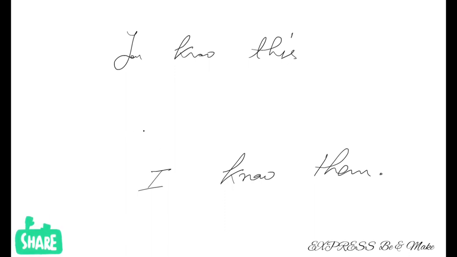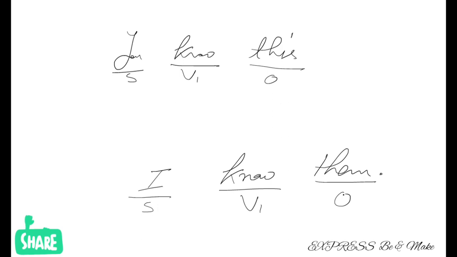Here the two sentences belong to simple present tense. "You" is the subject, "know" is V1 and "this" is the object. Then again, "I" is the subject, "know" is V1 and "them" is the object.